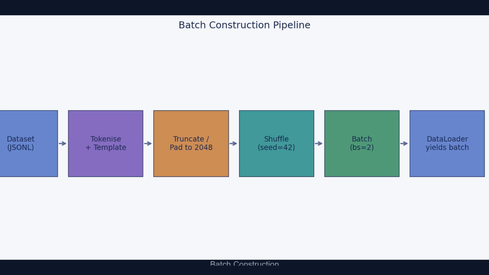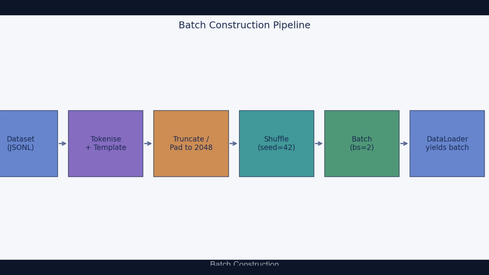The batch construction pipeline moves your raw JSONL data through a series of transformations before it reaches the GPU. First, the format function applies chat templates and converts message dictionaries into formatted strings. Next, the tokenizer converts those strings into integer token sequences. Sequences that exceed 2048 tokens get truncated at this stage.